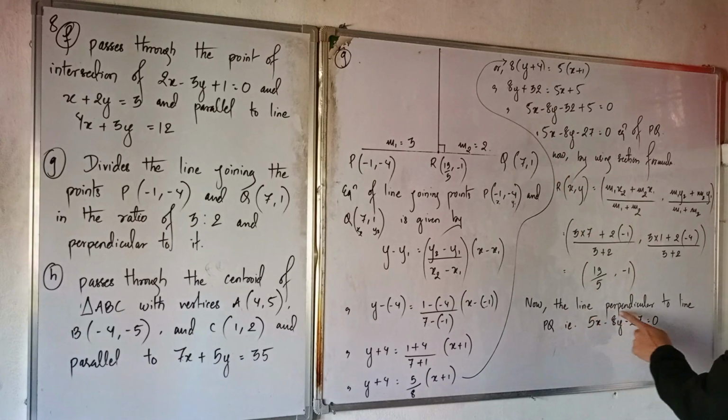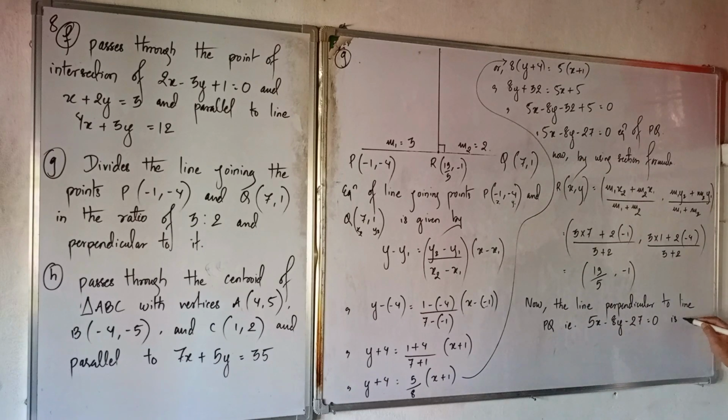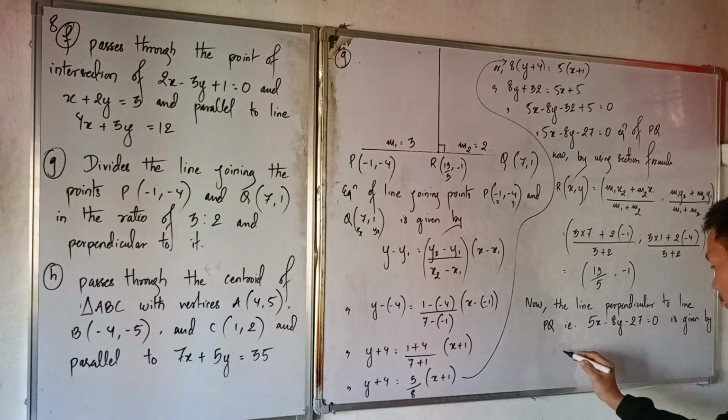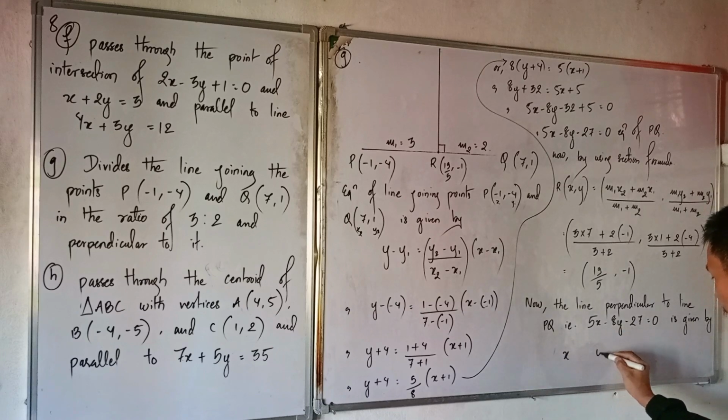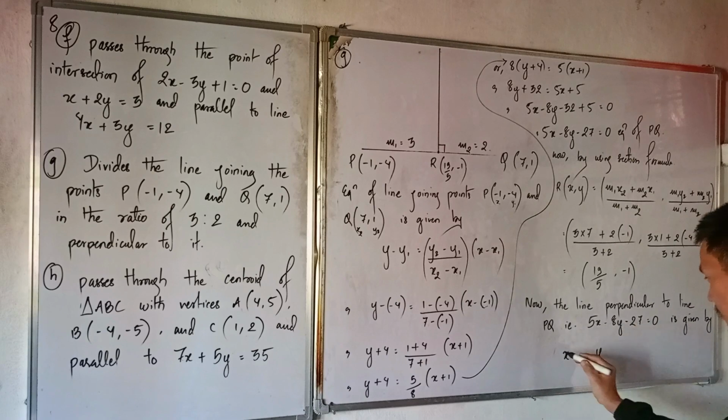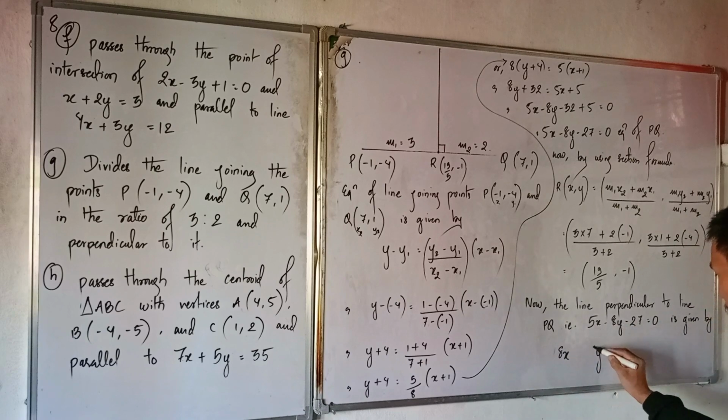So now the line perpendicular to line PQ, that is 5x minus 8y minus 27 equals to 0, is given by just interchanging the coefficients of x and y. So we have 8 here and 5 here, plus k equals to 0.